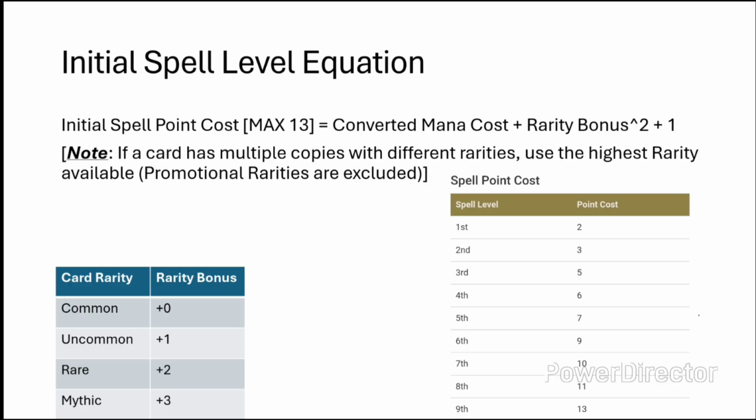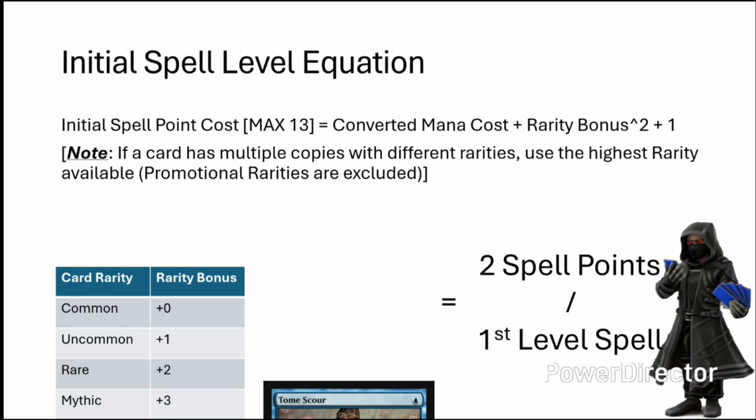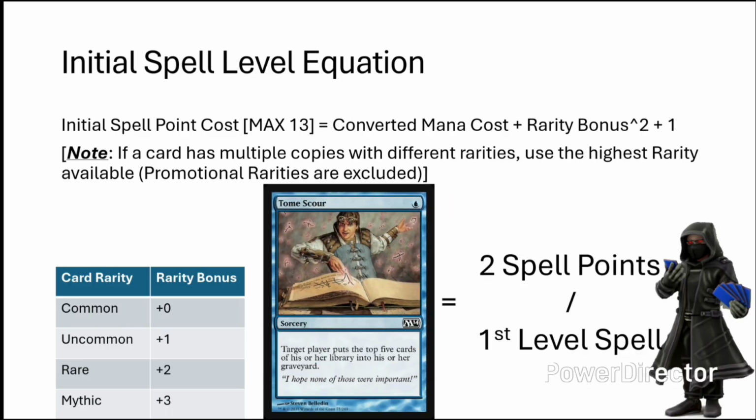So for example, let us take the spell Tome Scour. This 1 mana spell is of common rarity. So it will cost us 2 spell points, or the equivalent of a first level spell slot.